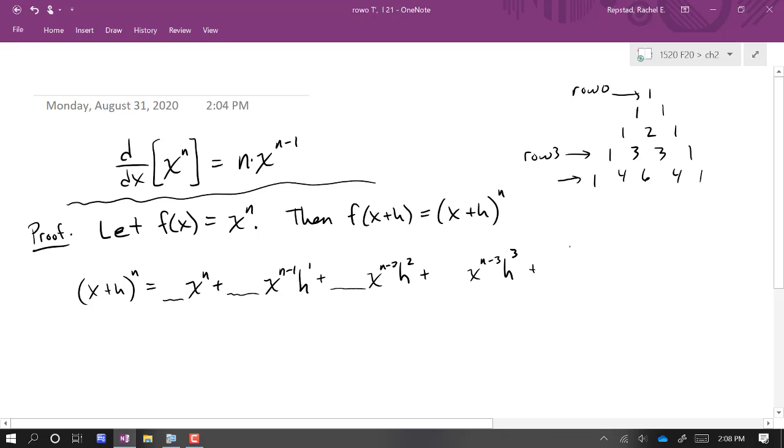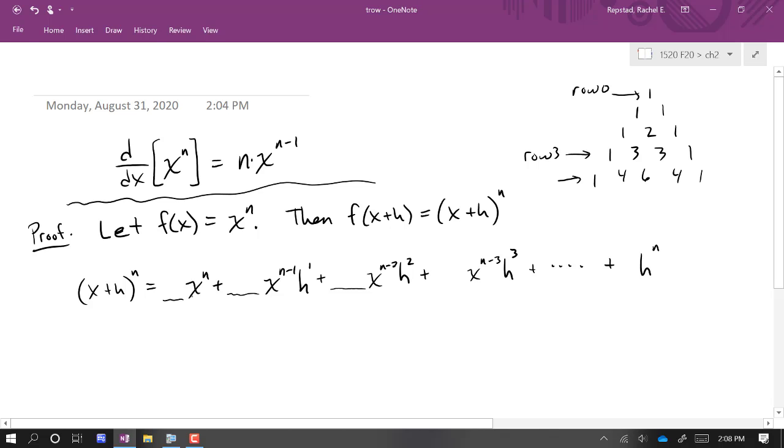And we don't know what n is. We haven't set a specific value for n. We just know that it's some integer. So this goes on, and then I know that the very last term is h to the n.